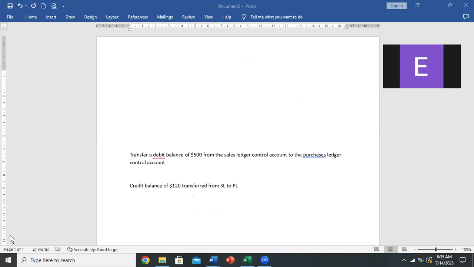As we indicated, control accounts are self-balancing, so there are illustrations where the closing balances, or the balance carried down, will be given to you. It's very simple to record your closing balance, so let me demonstrate that here.